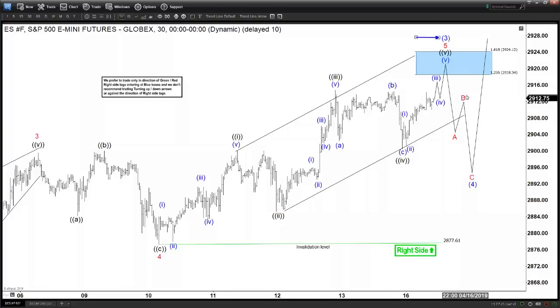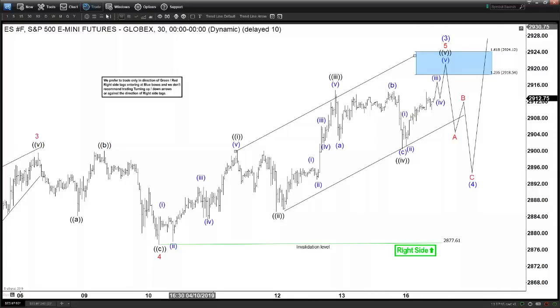Then we can get a bigger pullback in the wave 4 in blue before more upside. Overall, we should continue to extend higher in the ES and possibly break above the 2018 high when everything is done.